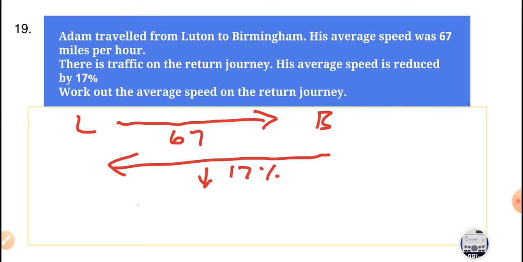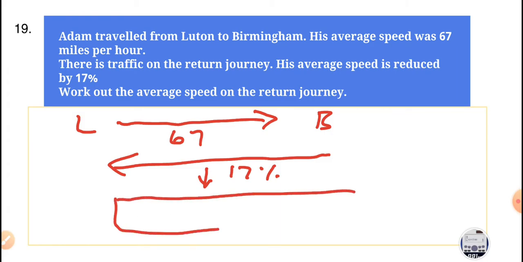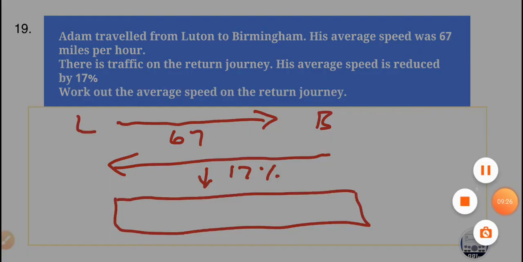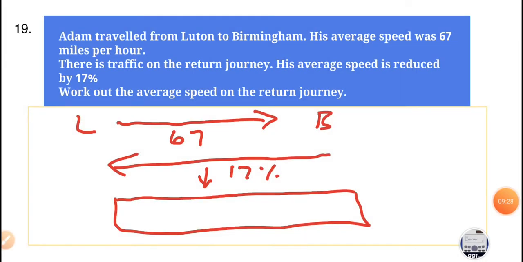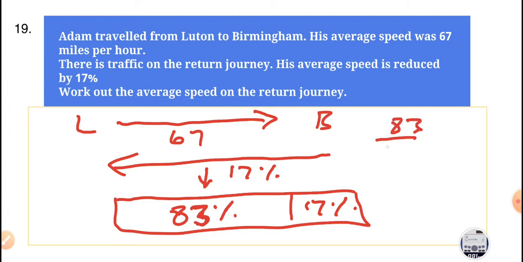So if you have your 100% and then you reduce by 17%, it means you'll only have 83% left. 83%. Now what's 83% as a decimal multiplier? 83 over 100 is 0.83.